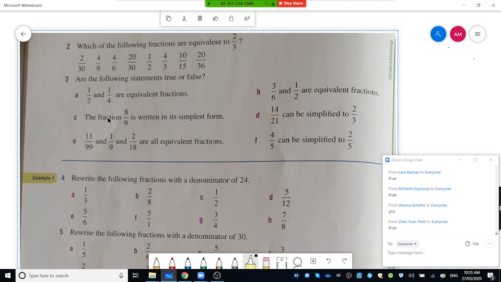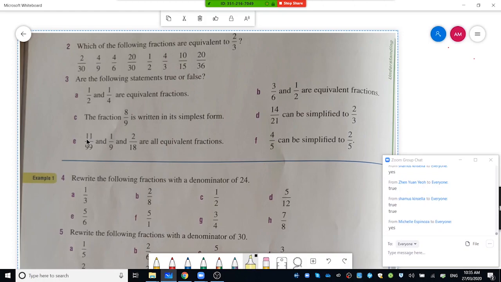Okay, that's another interesting question. 11 over 99, 1 over 9, and 2 over 18 are all equivalent fractions. Is it true? Let me ask my daughter also, who's studying with me. Okay, in the table of 11, 11 times 9 is 99.